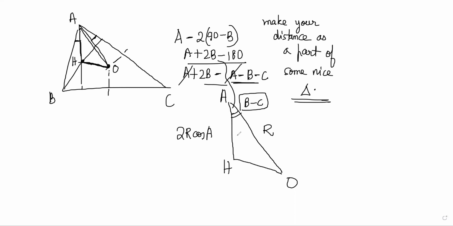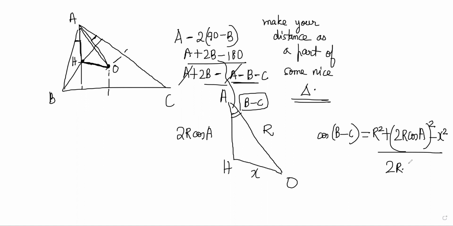So now we can do the simple cosine rule. We need X. So cos of (B minus C) equals R squared plus (2R cos A) whole squared minus X squared, divided by 2 into R into 2R cos A. If the data in the question is given, you can just put in the values and solve for X. Ultimately you will get a formula for this.